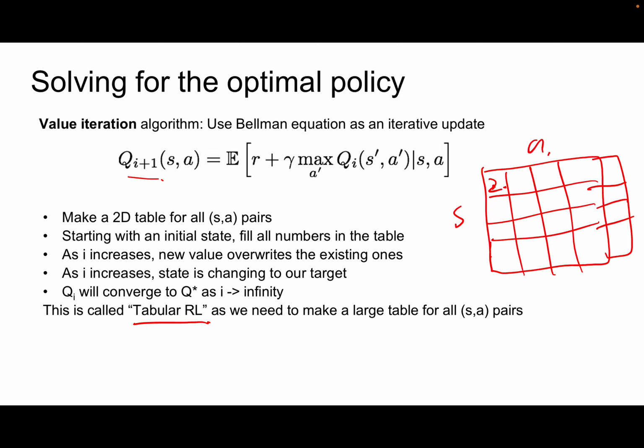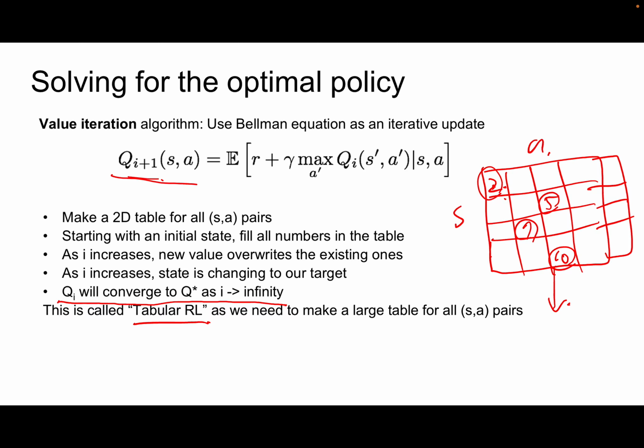As i increases, the state changes, and we take different actions, so that as i goes on, Q_i will converge to Q star as i goes to infinity, right?